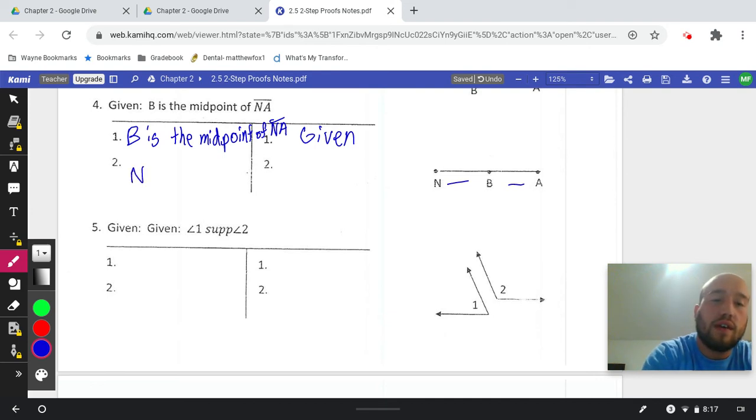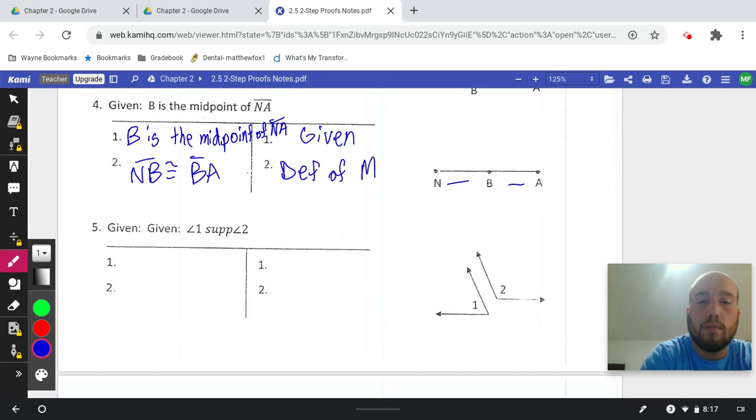So we can say segment NB is congruent to BA. And our reason, definition of midpoint. This next one, I'm not going to write it out, but it'd be the same concept, sup. So the sups is short for supplementary. So we'd know that those two angles would add up to 180.